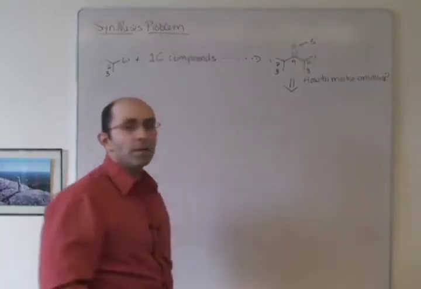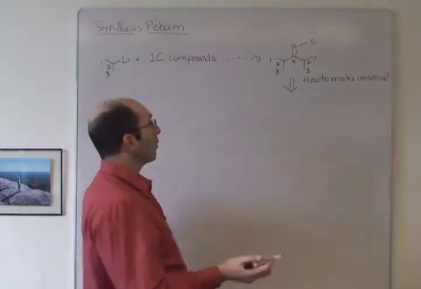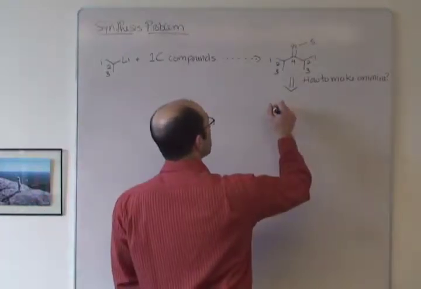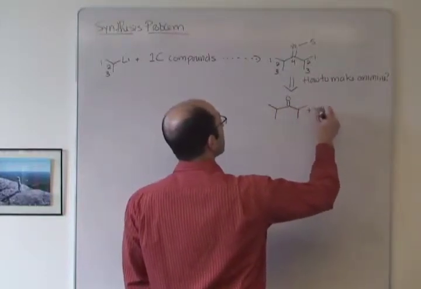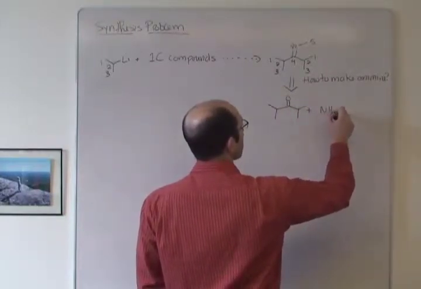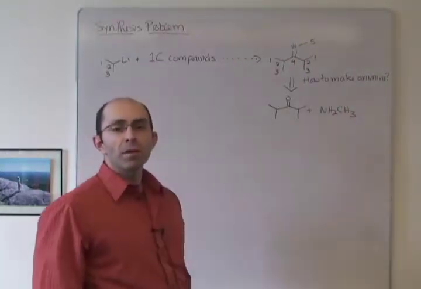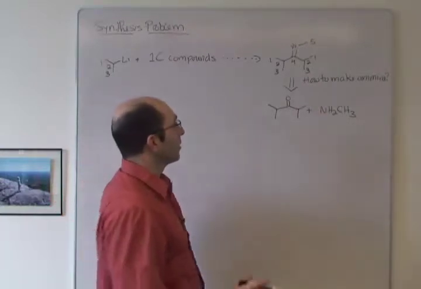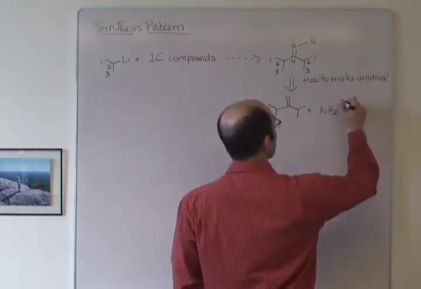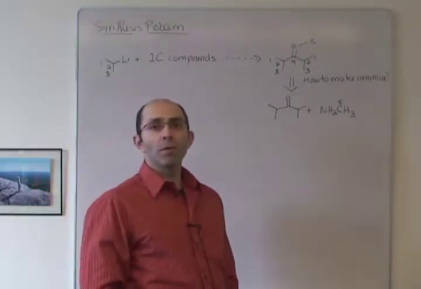An imine can only be made in one way, at least we only know one way to make the imine, and that's from a ketone plus a primary amine. So that's a really important disconnection, to make that decision. And this carbon, again, is carbon 5, so there's one of our 1-carbon pieces.